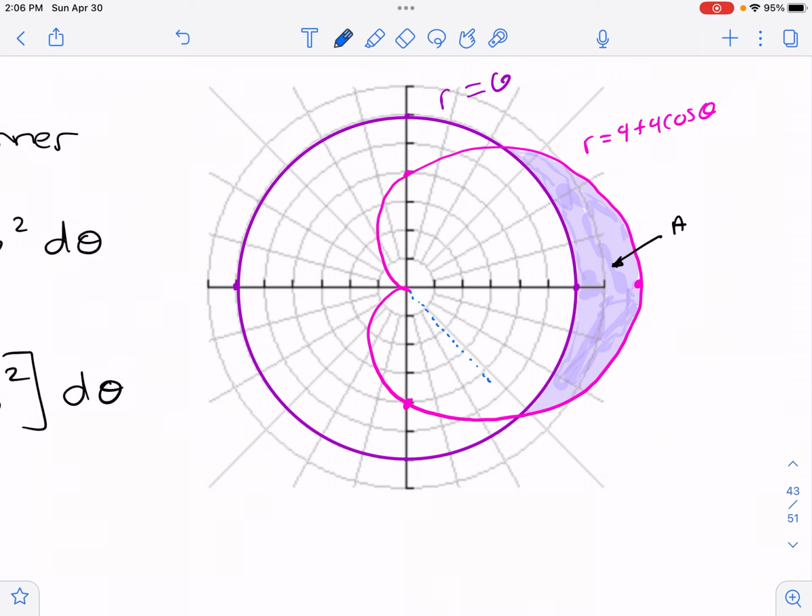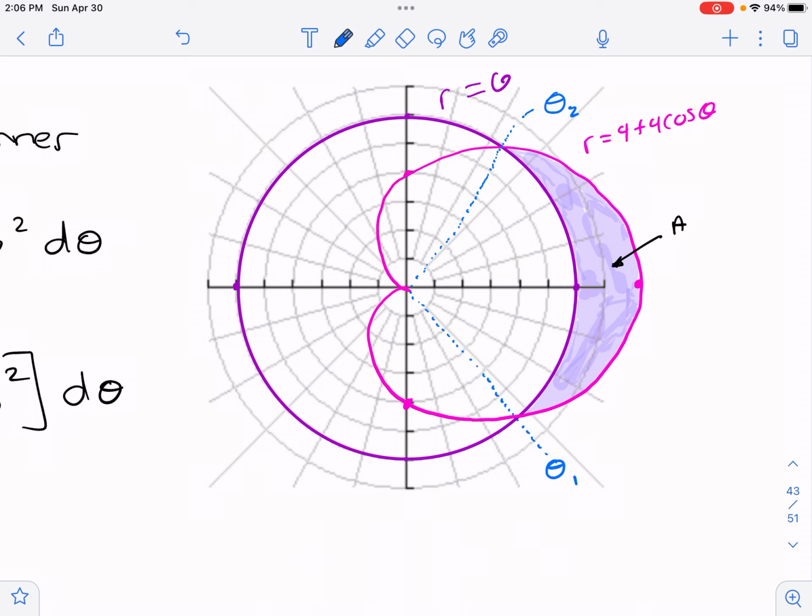This angle and this angle are the boundaries of this purple region that we're trying to find the area of. I need to know what those angles are in order to compute this integral, and these angles are where the two curves intersect.